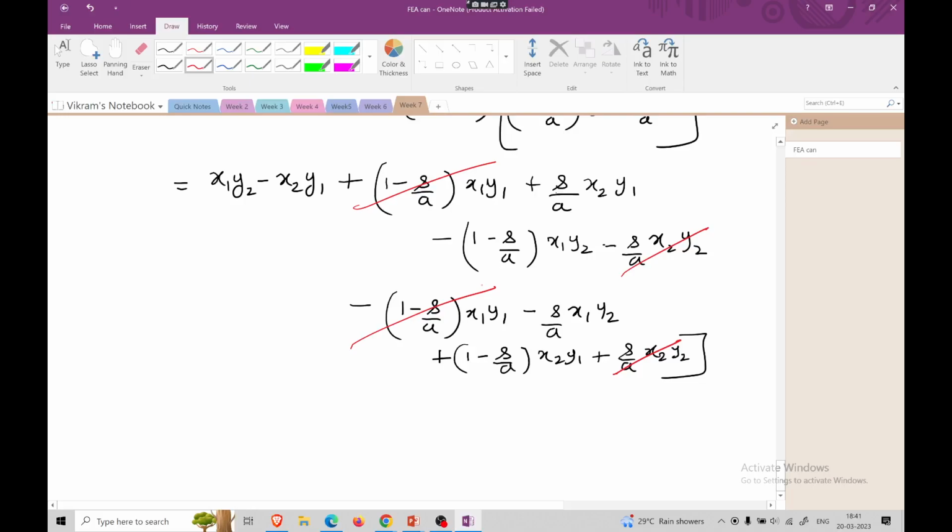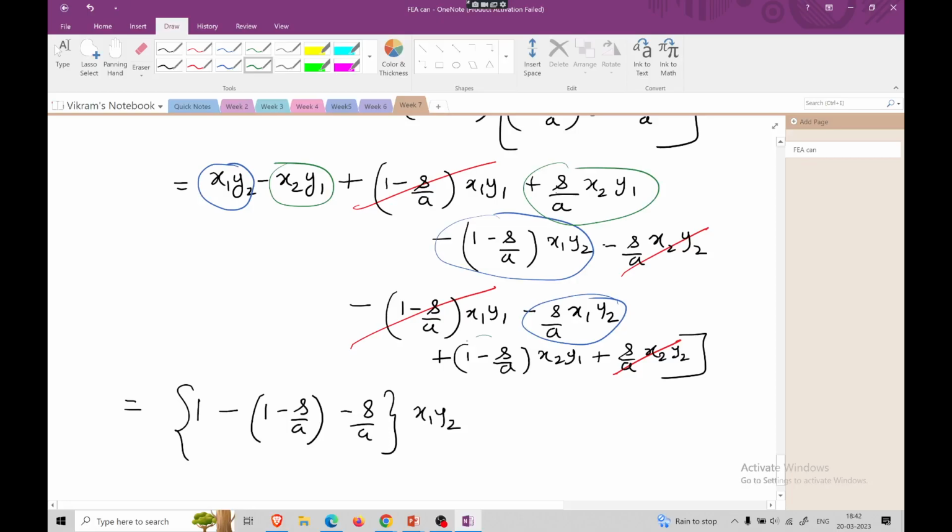So it will be 1 minus of 1 minus s by a minus s by a x1 y2, then x2 y1, I have minus here, I have plus here, and I have this one.